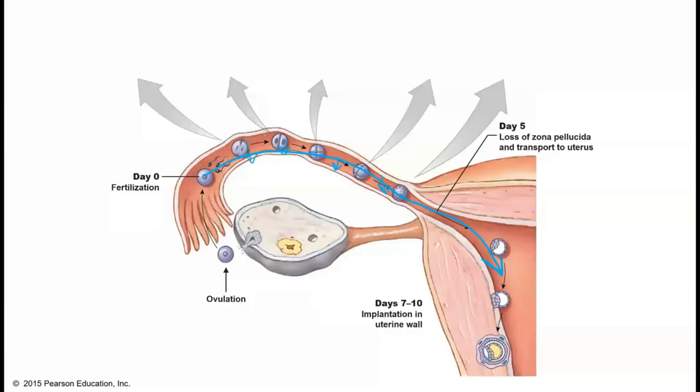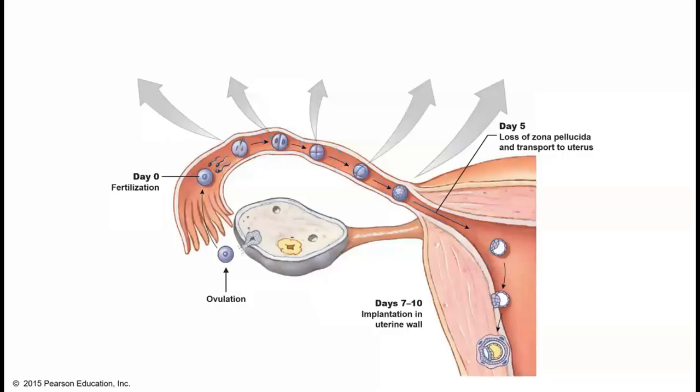When that happens, it's called an ectopic pregnancy, and it can actually be a pretty severe event. It can require surgical intervention to prevent a growing embryo from growing in the uterine tube. The uterine tube isn't equipped to handle a developing embryo, and so it could lead to a lot of damage if there is implantation there.